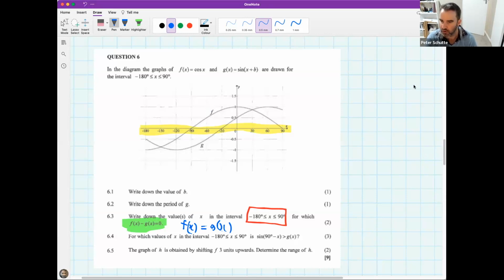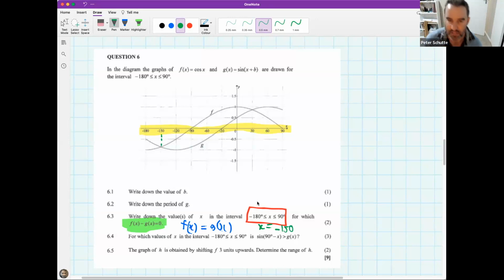So I want to give you a chance to put your answers in the chat or raise your hand if you'd like to say them. What are the values where the f graph equals the g graph if you look at this drawing here? Aha, Mbali and Zanele, I think you spotted this thing over here. And so I can confirm that indeed one of the answers is going to be x is equal to minus 150.